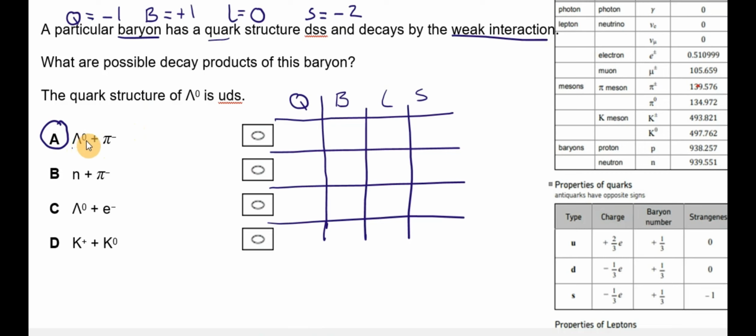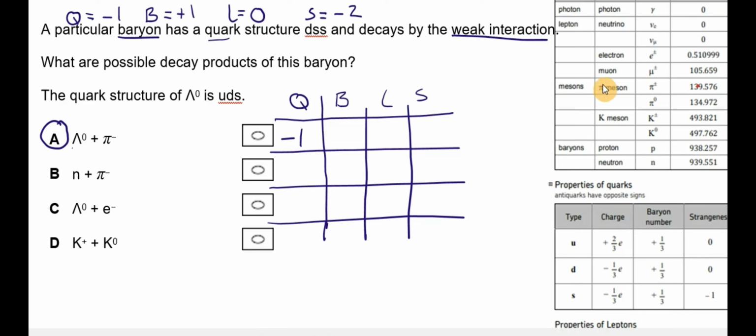Well, we're told the sigma 0 has a charge of 0. This pi meson has a charge of minus 1. So overall, we have a charge of minus 1. So charge has been conserved. Now let's look at the baryon number. It's up, down, and strange. Up has a baryon number of plus a third, down has plus a third, and strange plus a third, so overall a baryon number of plus 1.